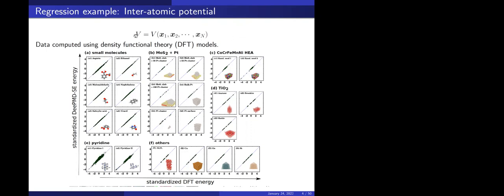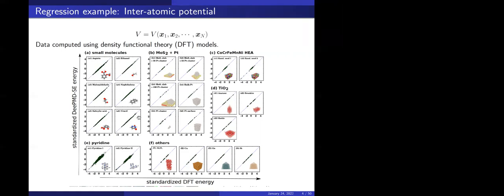And we want to fit this function to quantum mechanics models. We want this function to be as accurate as quantum mechanics. So the data is computed using a quantum mechanics model, for example, the density functional theory model. That's the most popular quantum mechanics model used in practice.